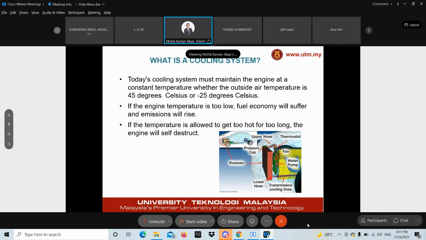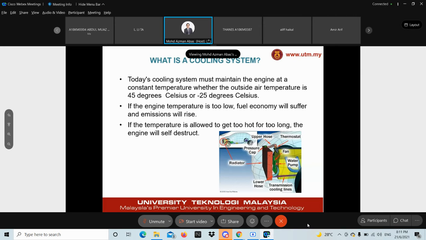If the engine temperature is too low, this is also not good. It will definitely affect the fuel economy, and the emissions, of course, will increase. If the temperature is allowed to get too hot for too long, it will destroy or damage the engine components.